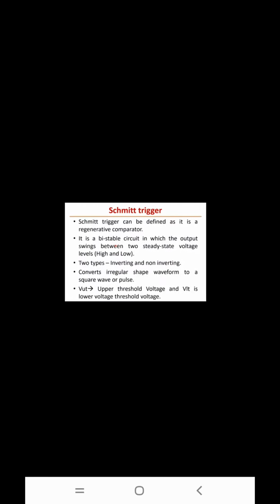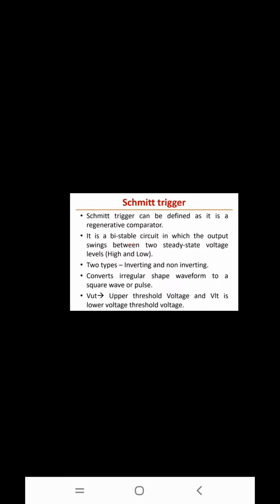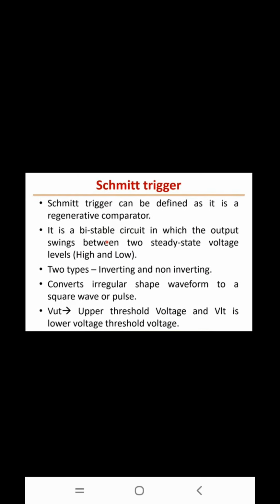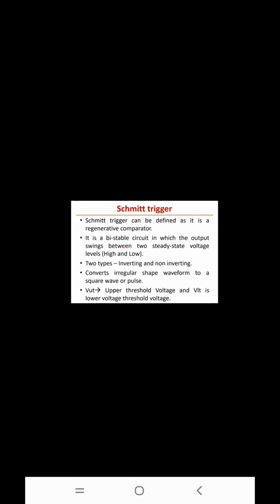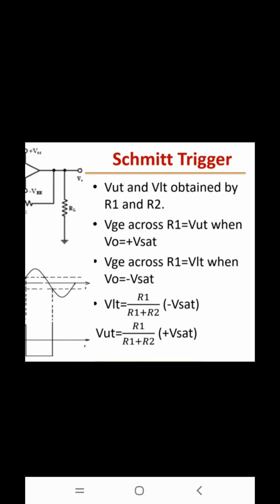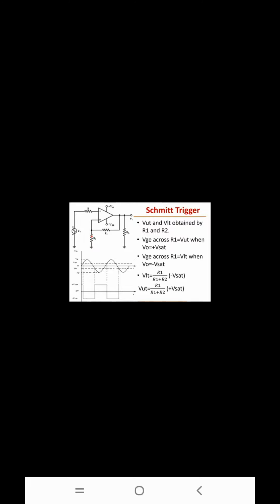So here you can see the points I have discussed. Using the voltage divider rule, VUT is given as R1 divided by R1 plus R2 times plus Vsat.